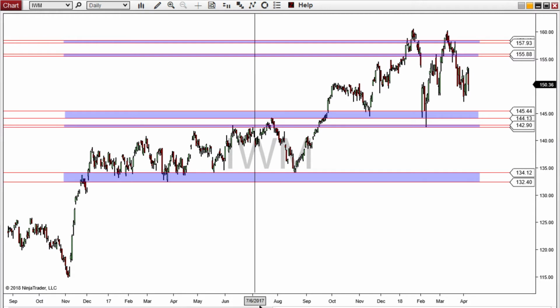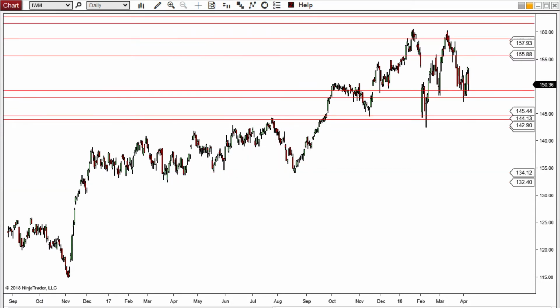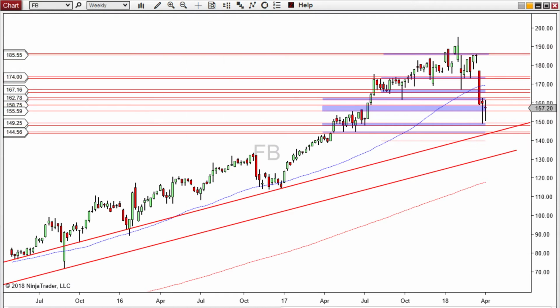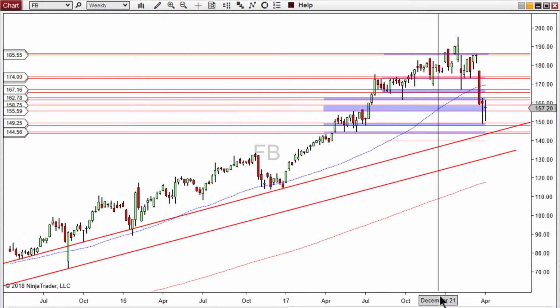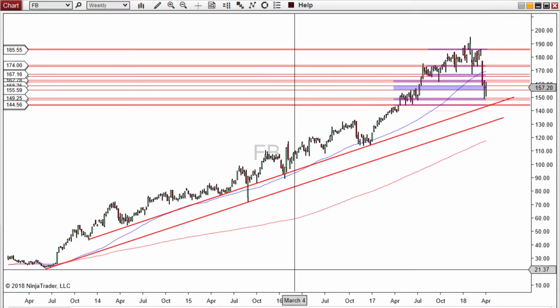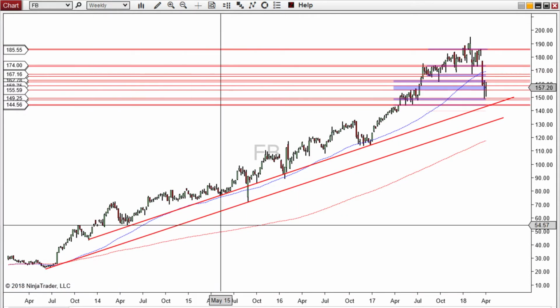Just be careful. Let's take a look at the FAANG stocks and start off with Facebook. Let's switch over to the weekly first. I also drew in a couple of trend lines here, depending on which one you want to follow.